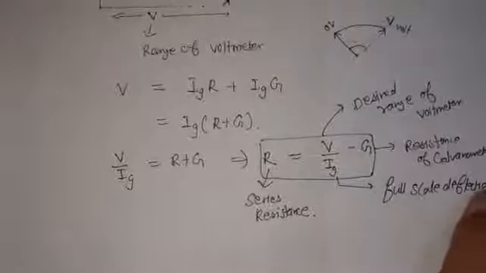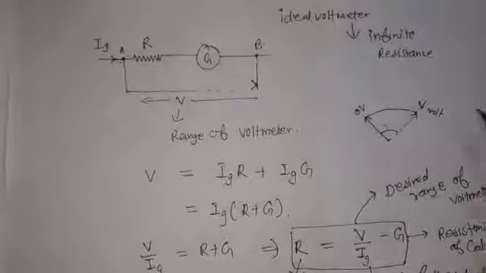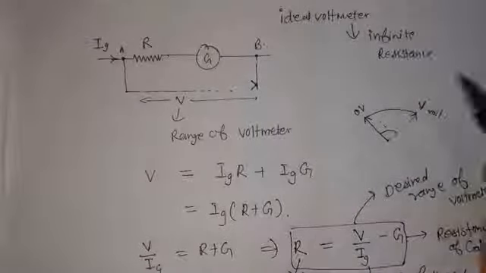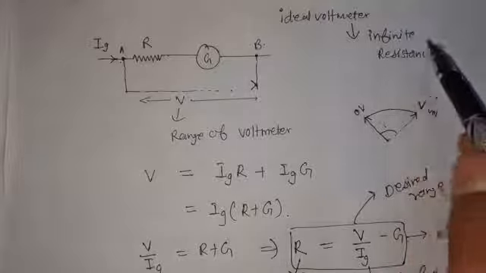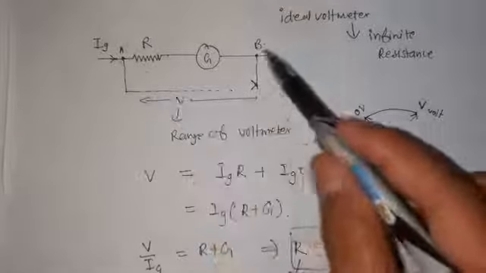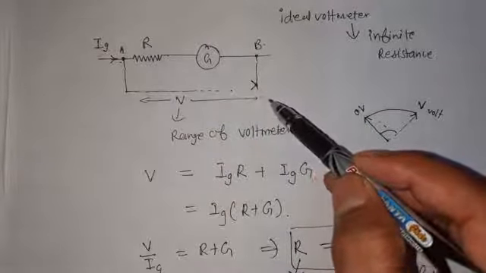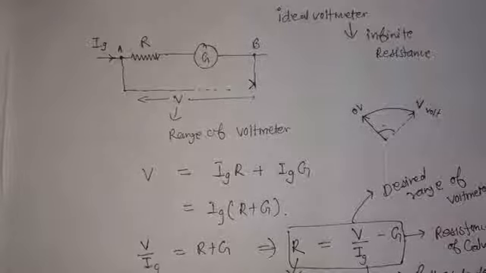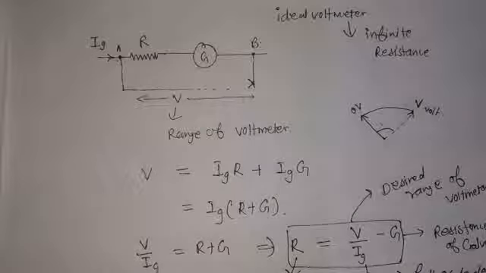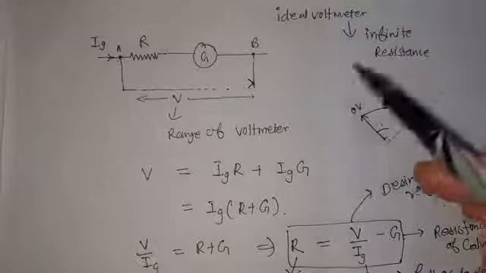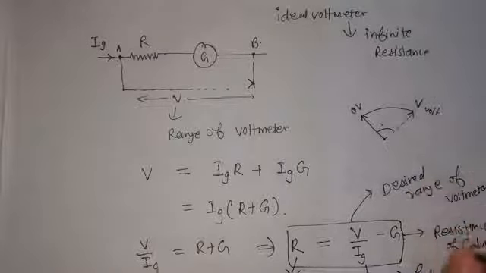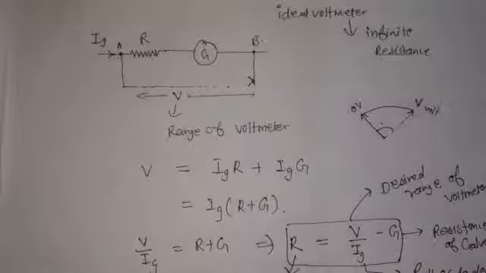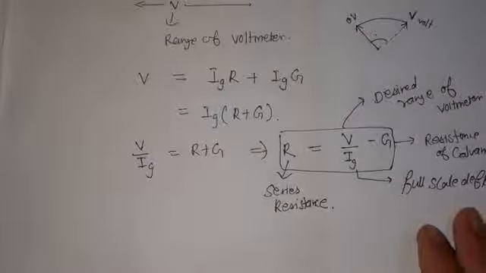Now remember that we cannot achieve an ideal voltmeter. We do not yet have any resistance which is infinite. Even though we call it an ideal voltmeter, laboratory voltmeters do not have infinite resistance. They pass some amount of current through them for the measurement. Now let us find the effective resistance of this combination.